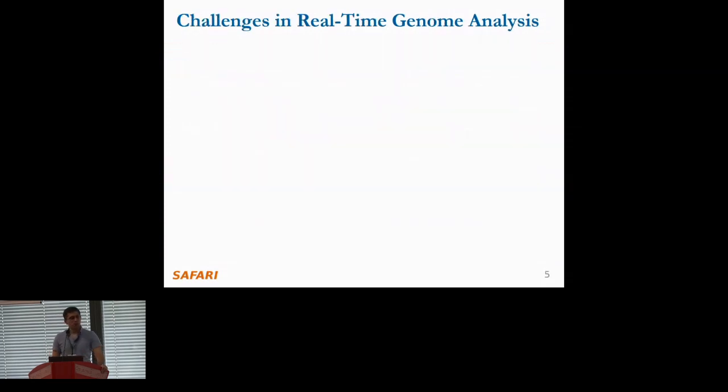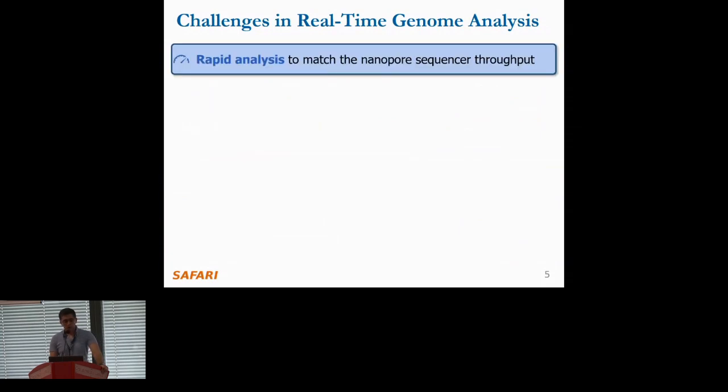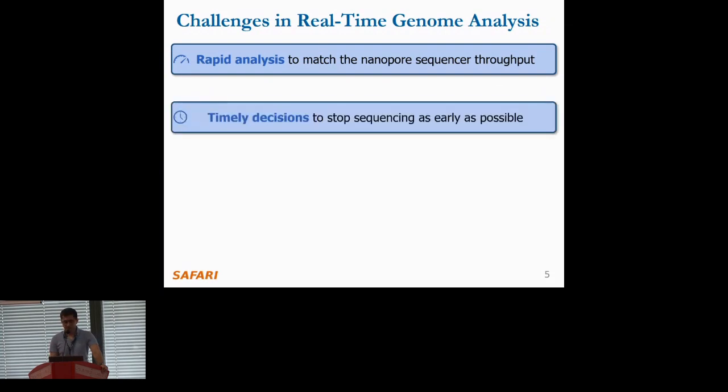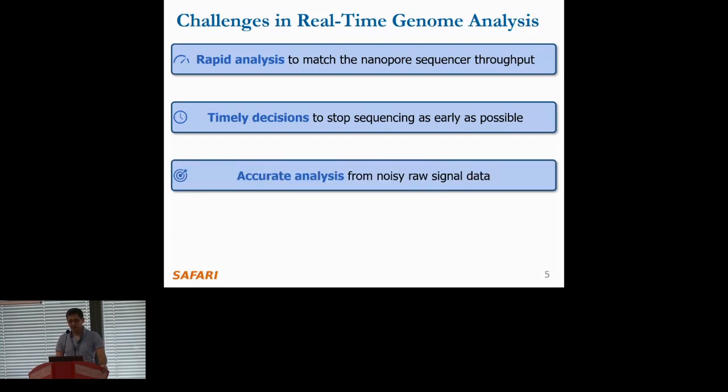There are several challenges to achieve real-time genome analysis. First, we need to maintain rapid analysis to match the throughput of a nanopore sequencer. This is essential for enabling real-time analysis. Second, we need to make timely decisions to stop sequencing as early as possible. Otherwise, unnecessary sequencing can waste time, power, and money. Third, we need to ensure accurate analysis from noisy raw signal data.